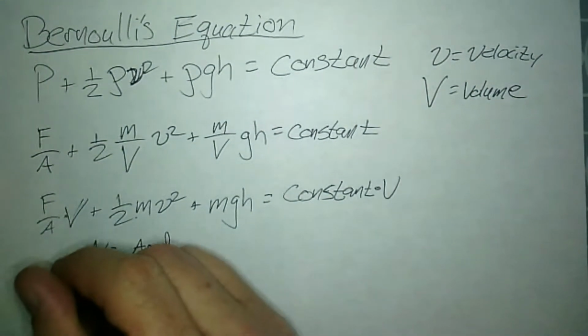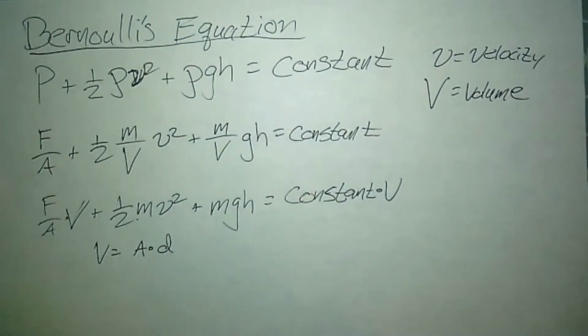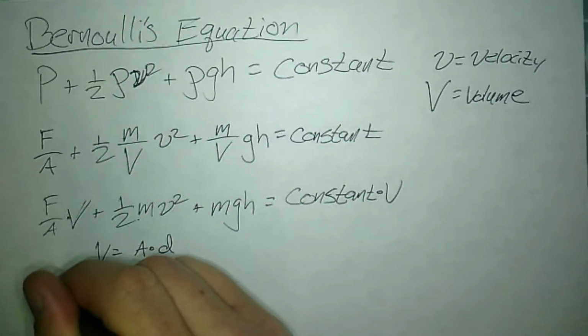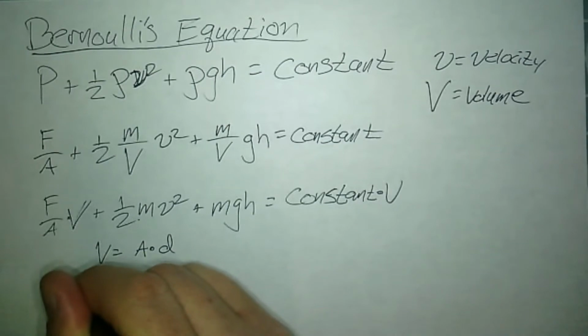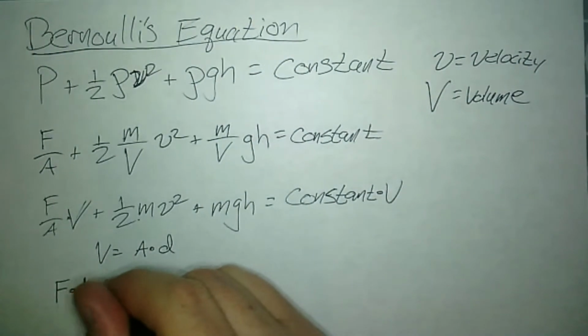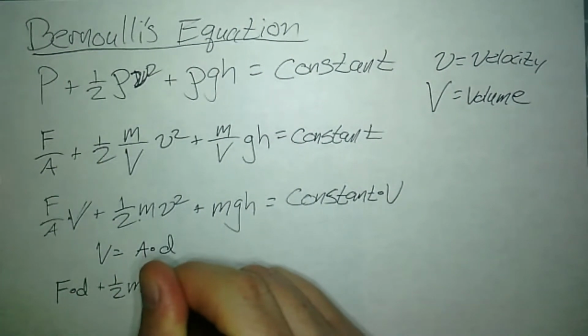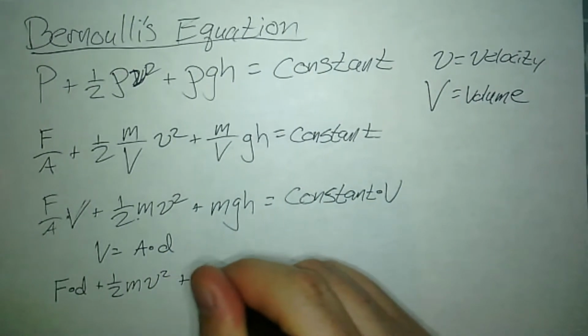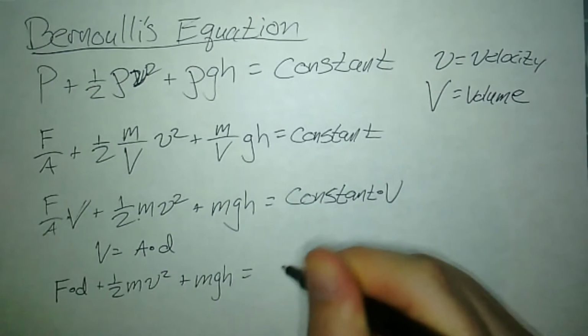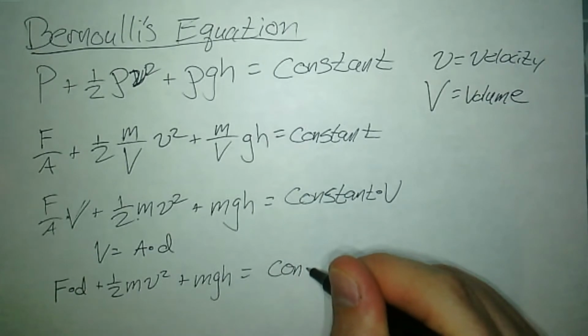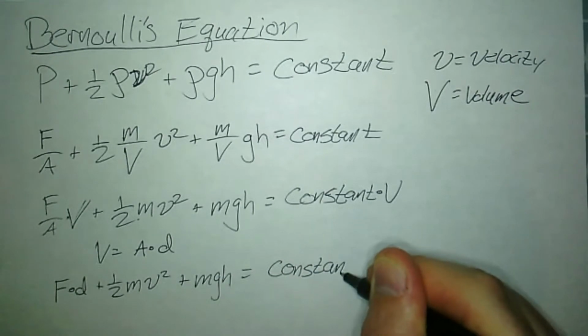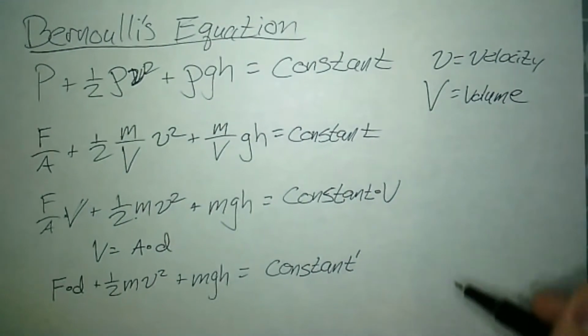Then I can cancel that area with this one, so I get a term that looks like force times distance, plus 1/2 mv squared plus mgh equals a constant. I'll call it constant prime.